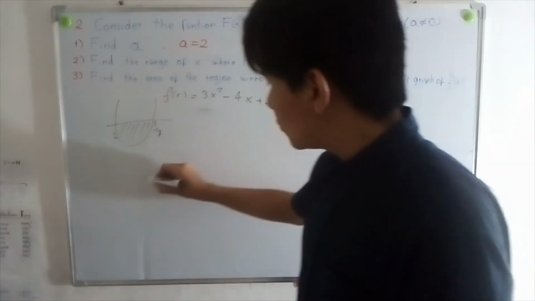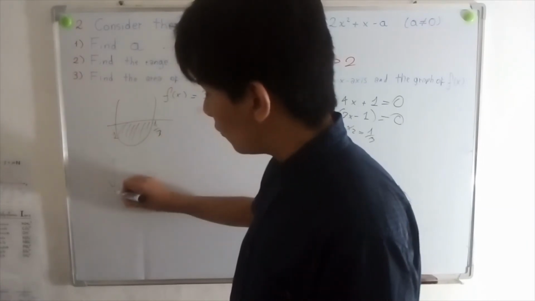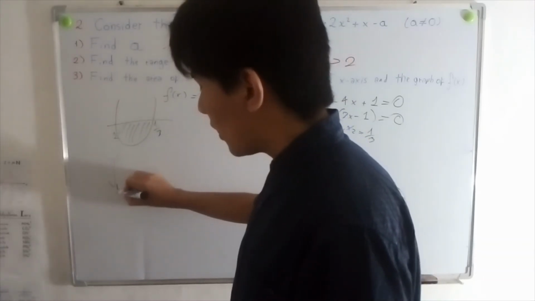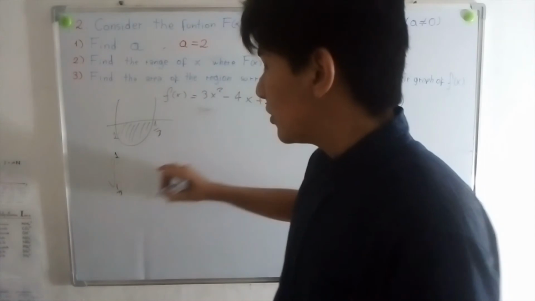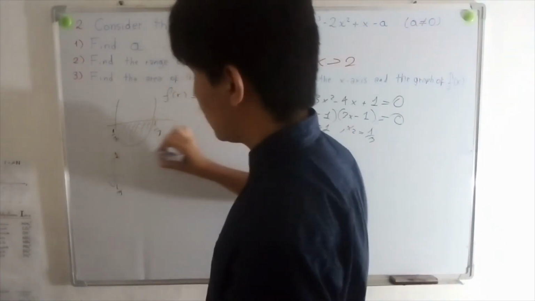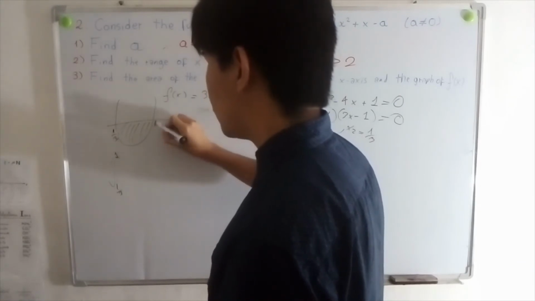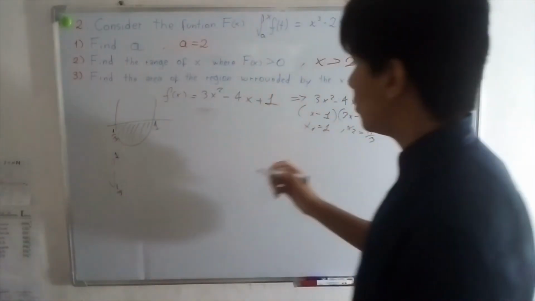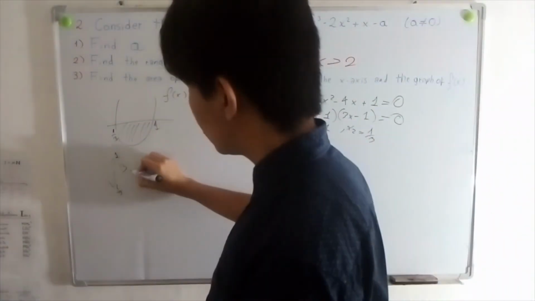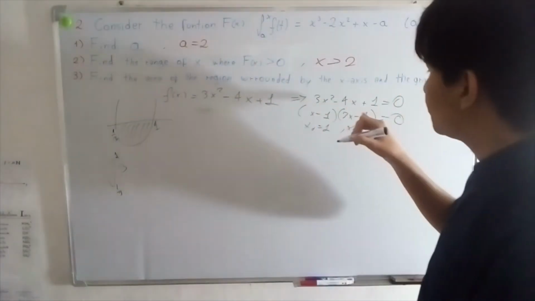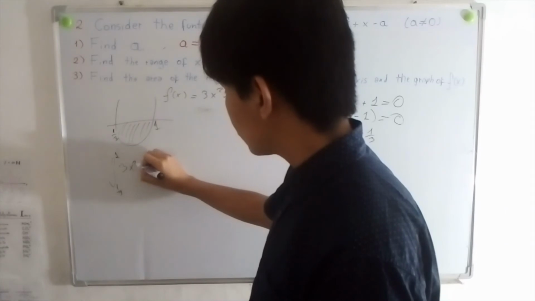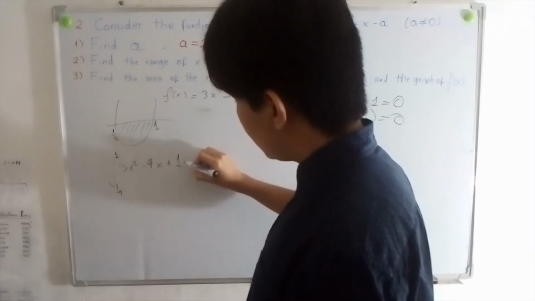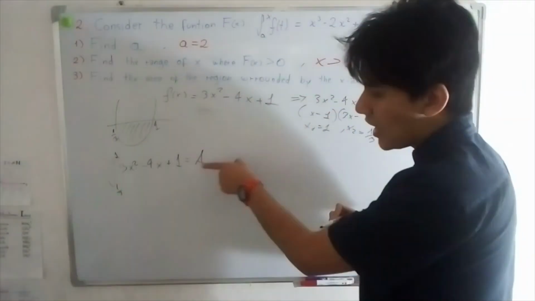So the integral from 1 divided by 3 to 1, because 1 is greater than 1 divided by 3, of this expression here is the area, but a negative area.